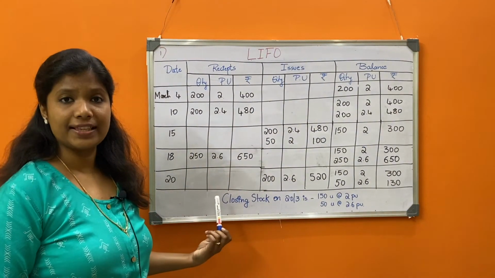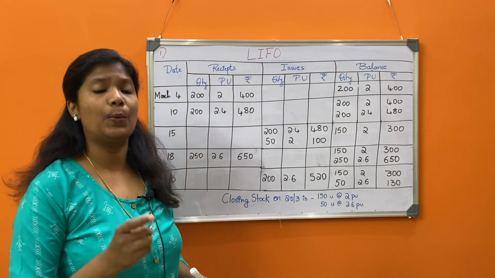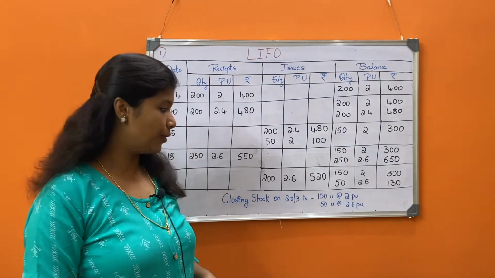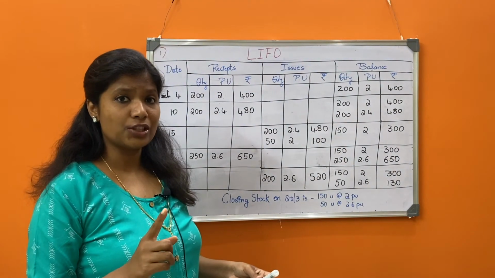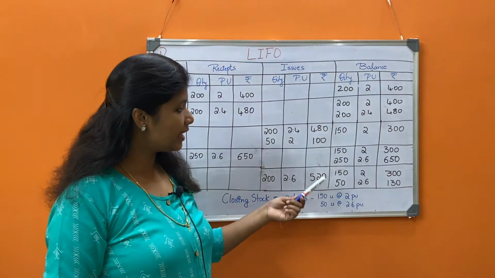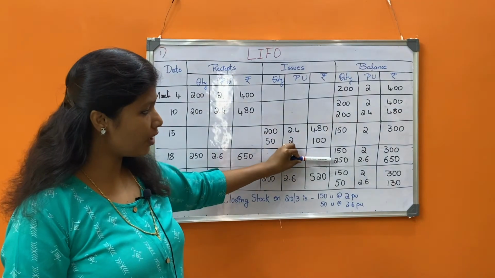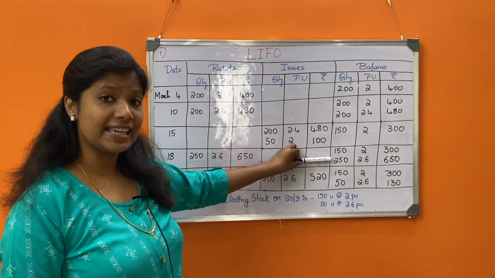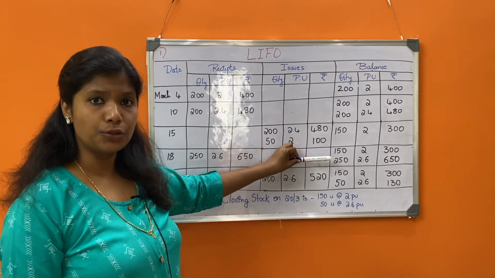Next, the last transaction happens on 20th, where the company is issuing 200 units of goods. Now listen, we are solving the LIFO method. Let's look at the last stock. Does the last stock have 200 units of goods? Yes, in fact, it has more than 200.